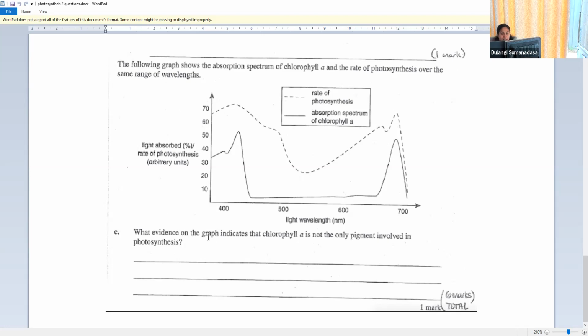It's the same thing, but they ask it a different way. So the action spectrum is the dotted line, right? This is the absorption spectrum.